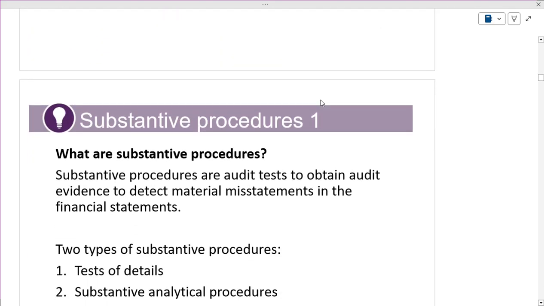Okay, what are substantive procedures? Now in more detail. It is nothing but the test to obtain evidence to detect material misstatements in the financial statements.